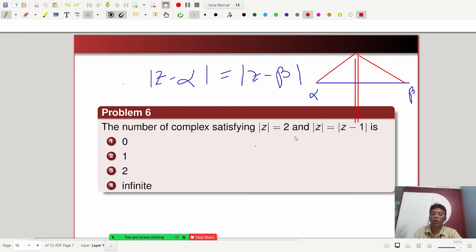In this case you have |z - 0| = |z - 1|, so it represents the bisector of the segment joining 0 and 1, that is the line Re z = half.